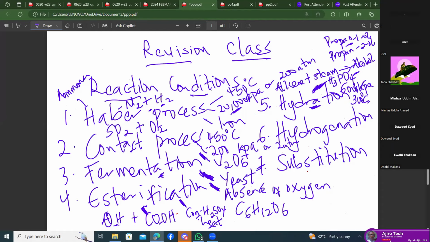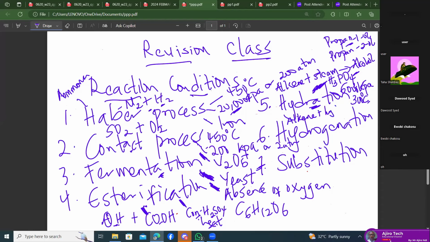Now, hydrogenation means adding hydrogen to an alkene. Adding hydrogen to an alkene is different from hydration, and all of them are majorly addition reactions. So for this case, you're adding alkene plus hydrogen.